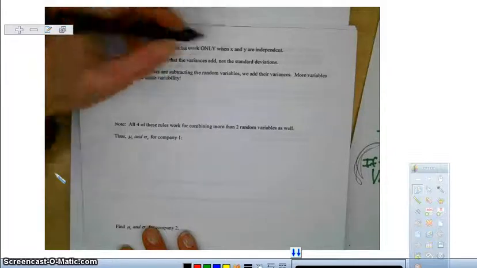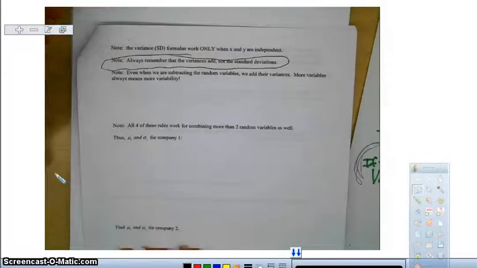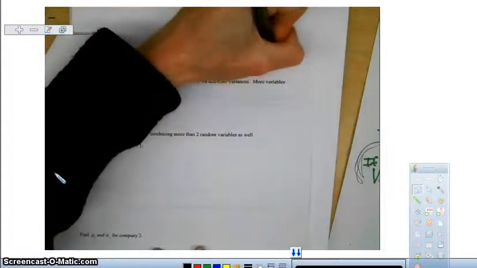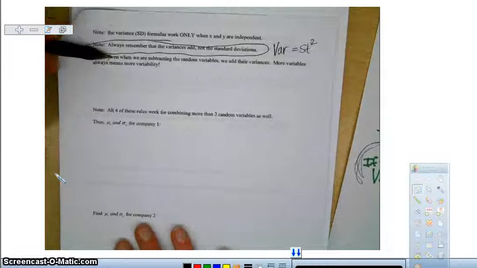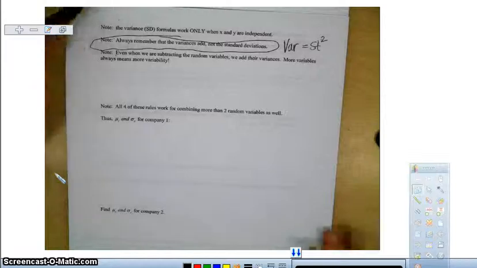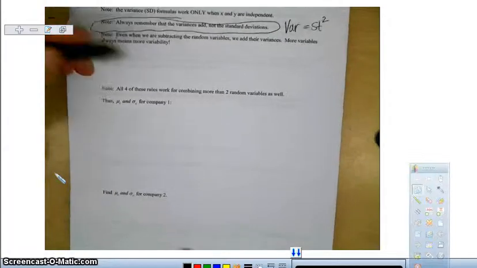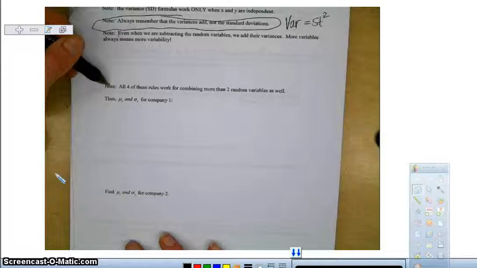Always remember that variances add. You don't add the standard deviations, you add the variances. The variance is the standard deviation squared. Even when we're subtracting random variables, we add their variances. More variables always means more variability. All four of these rules work for combining more than two random variables as well.